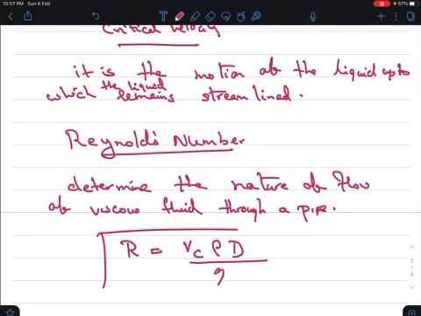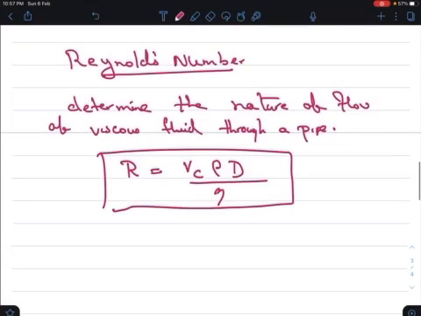So R is equal to the product of critical velocity, density and diameter of the tube, divided by the coefficient of viscosity. It has no dimensions. It is a dimensionless number.